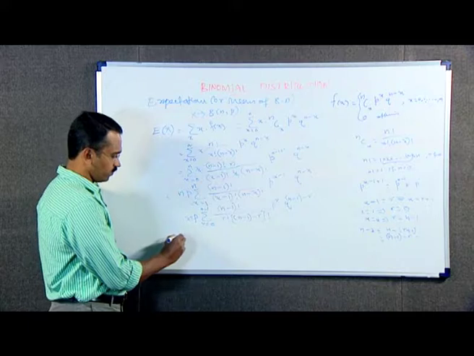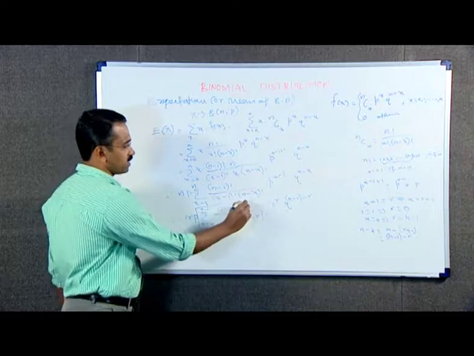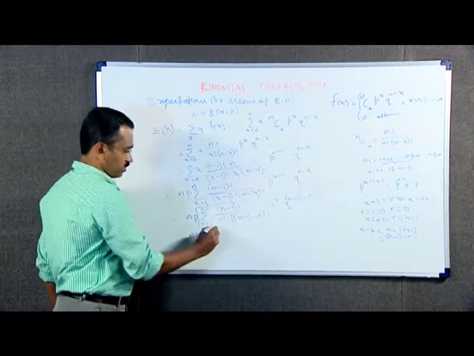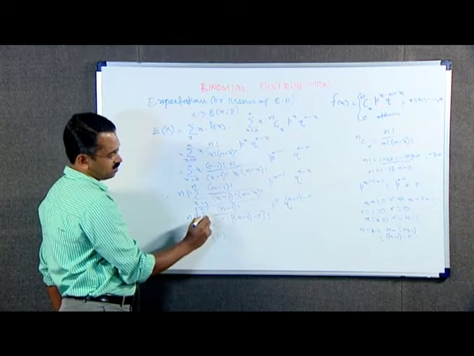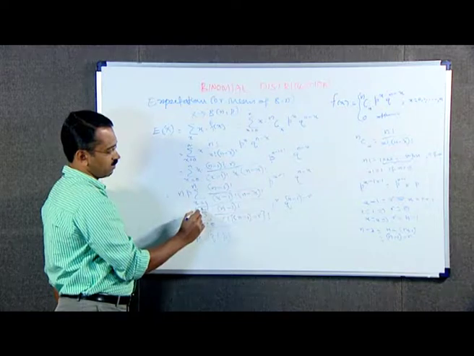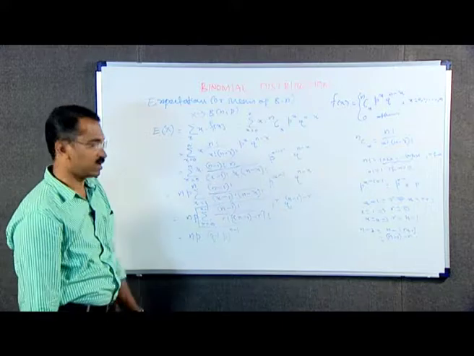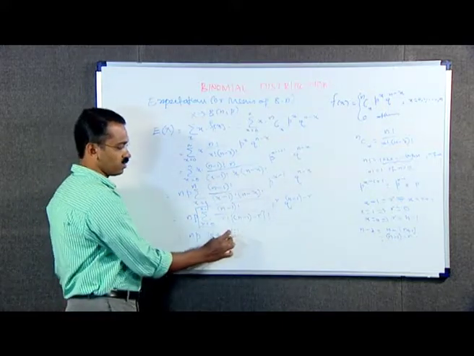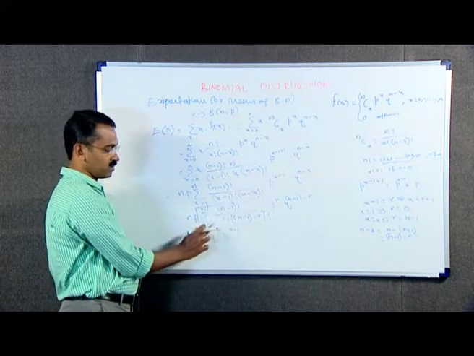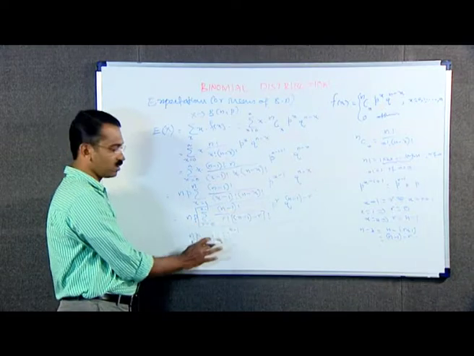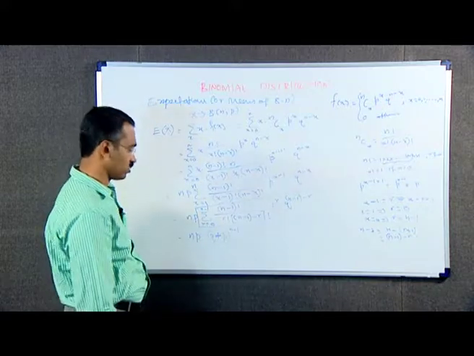This is equal to n p into, this is the binomial expansion of q plus p raised to n minus 1. If we expand this summation by substituting the values of r, we get the binomial expansion of q plus p all raised to n minus 1.